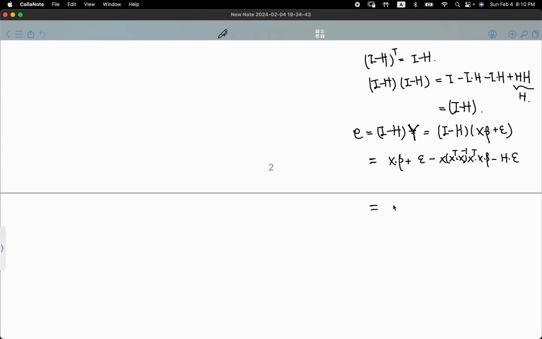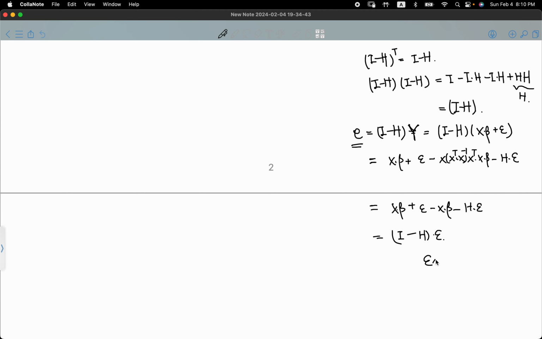We have X beta plus epsilon minus X beta, which cancels out, minus H epsilon. So one copy of epsilon minus H multiplied by epsilon. Just to summarize, the residual defined as I minus H multiplied by y is also equal to I minus H multiplied by epsilon.